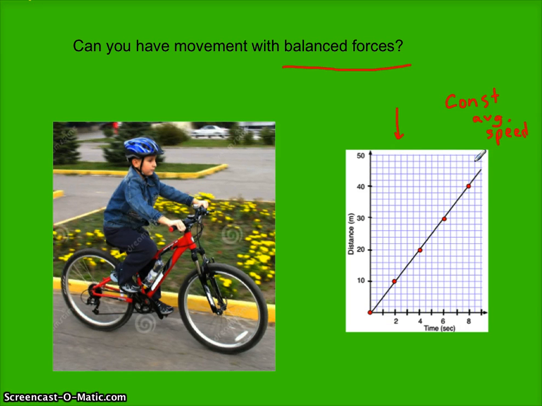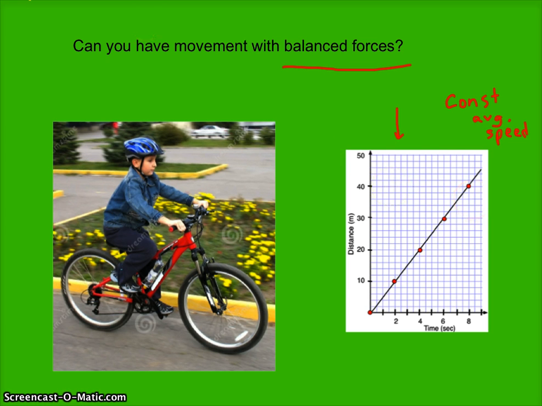So constant velocity here, or the constant average speed, is an example of balanced forces. The force you exert on a bicycle by going a constant speed balances out the forces of friction and the forces of gravity that would slow it down. But if this little kid accelerates or decelerates, it makes it an unbalanced force.